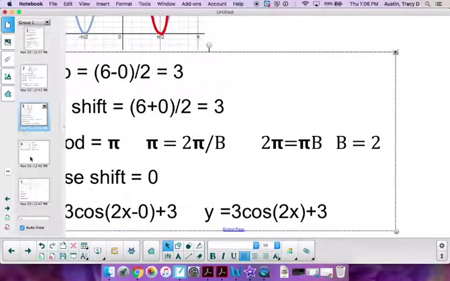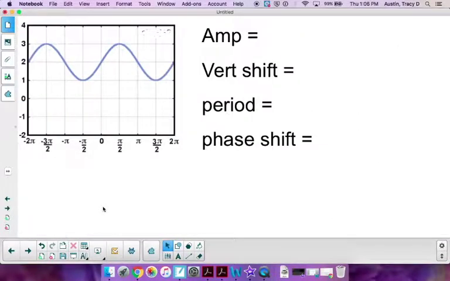So let's see. Next one. All right, so we're starting at negative 2 pi, and the graph goes to positive 2 pi. So we can actually choose to start it at negative 2 pi, or we can choose to start it at 0. Since this is obviously going to be a sine function, it does start in the middle.